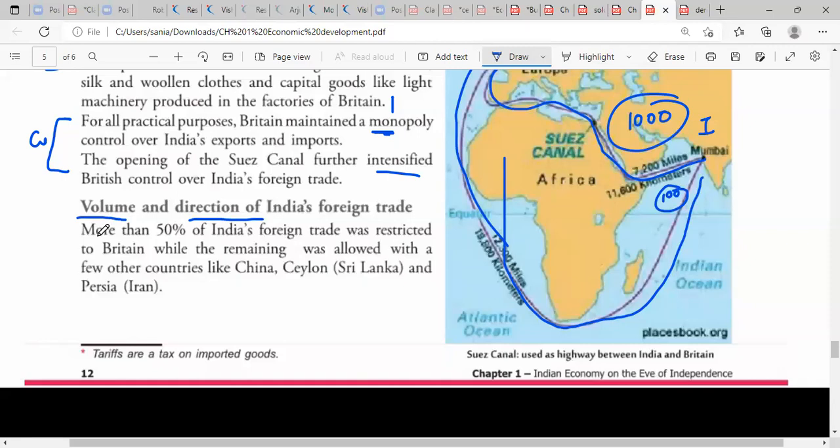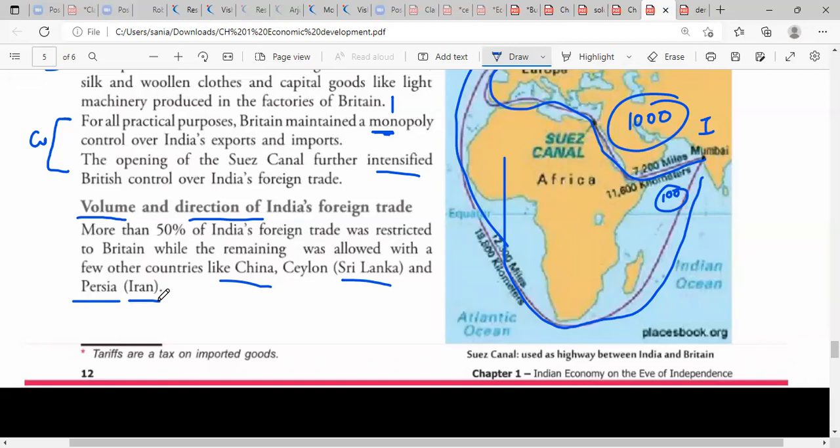So, volume and direction of Indian foreign trade: more than 50% of India's foreign trade was restricted to Britain, while the remaining 20-30% was allowed with a few countries like China, Ceylon, which is the previous name of Sri Lanka, so you're going to write Sri Lanka, and Persia, the older name of what is now Iran.